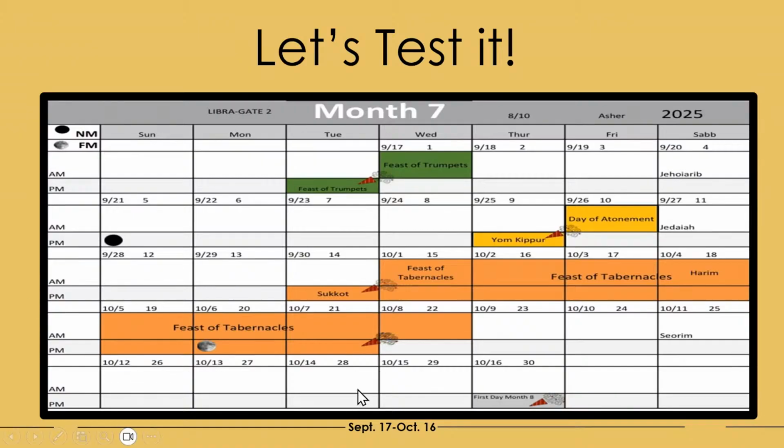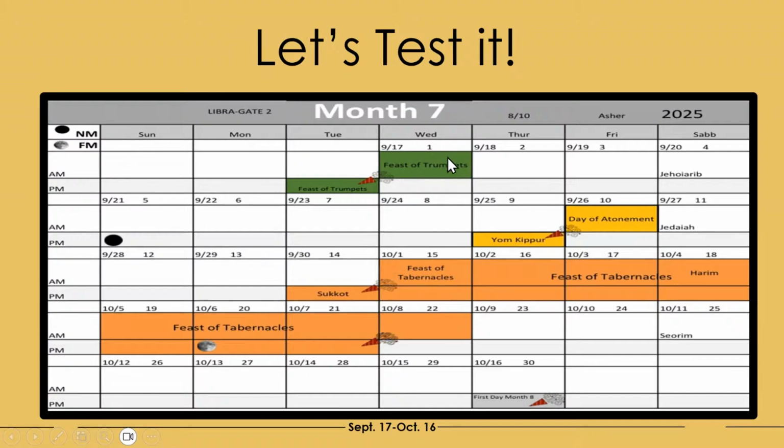This is our month 7. We know the 7th month, the sun is in Libra. Okay, so when I made my calendar, if you don't have this calendar, it is on my channel page. There is an introduction and there's a link in that section, and you can look at this and print it out if you want.